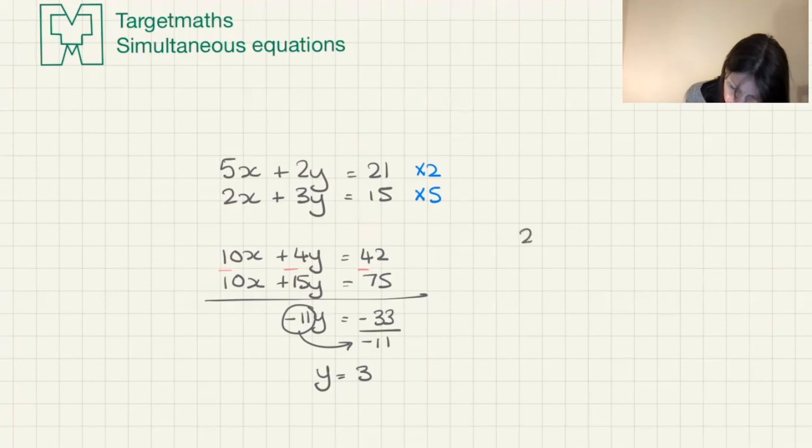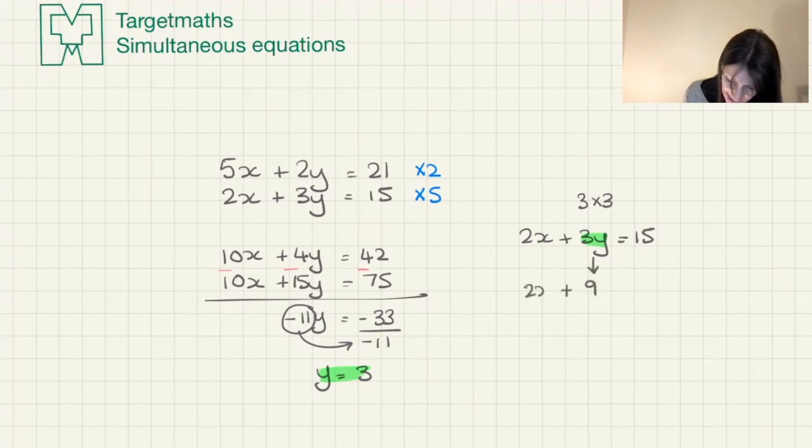So I've got 2x plus 3y equals 15. So I'm using that original number. I know that my y is equal to 3. And I've got 3 times y going on there. So 3 times 3 is 9. So this 3y is turning into 9.